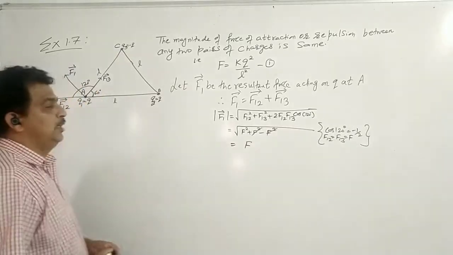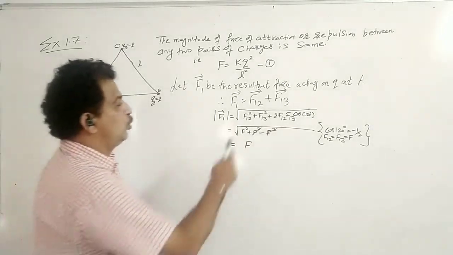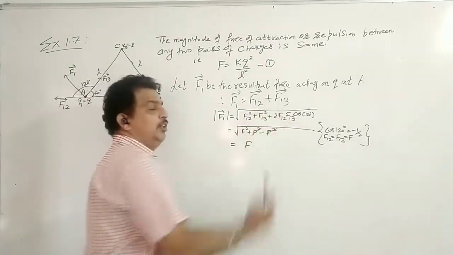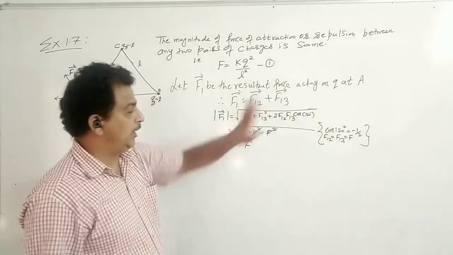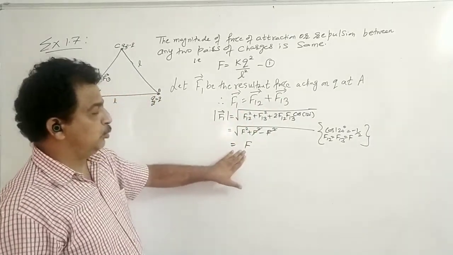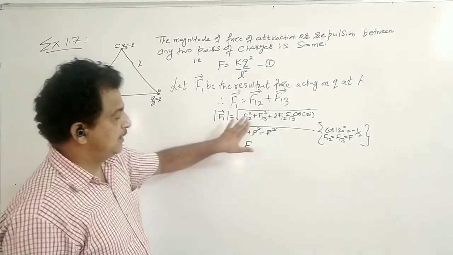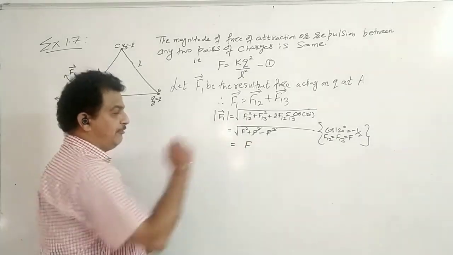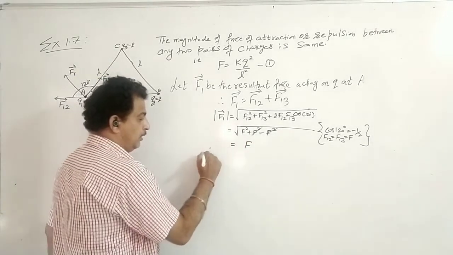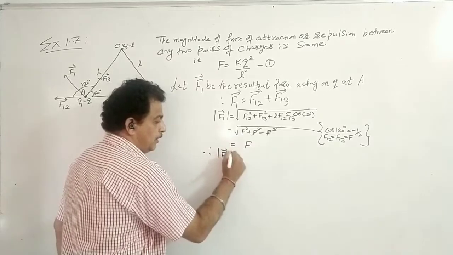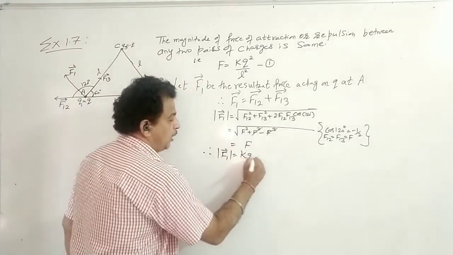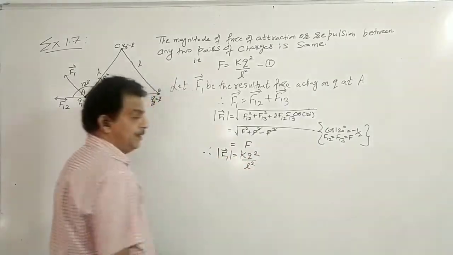So for rapid calculation you have to remember, if the two vectors have an angle of 120 and they have the same magnitude, the resultant comes out to be the same as that of the individual forces, that is F. Therefore, mod of F1 is equal to kq square upon L square.